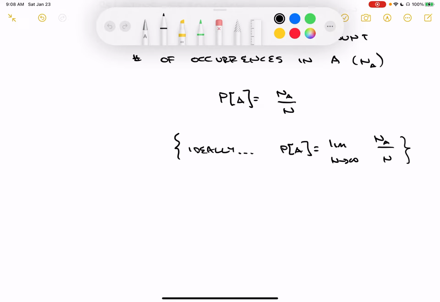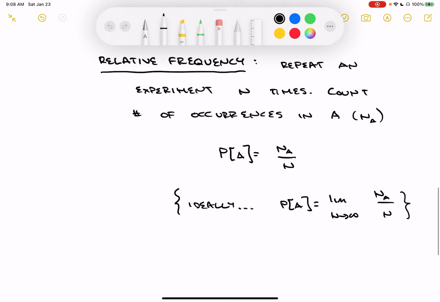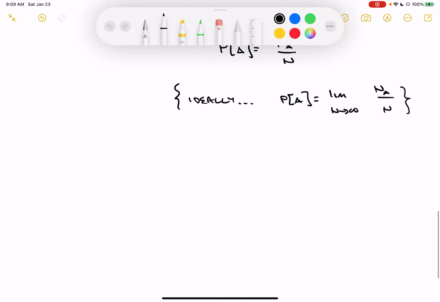But with relative frequency, we usually don't have the ability to repeat that experiment an infinite number of times, so we get what we get. Let's think about it in this particular case, again with the coin toss experiment. I would like to know the probability of heads, for example. From a relative frequency standpoint, you repeat an experiment some number of times n.